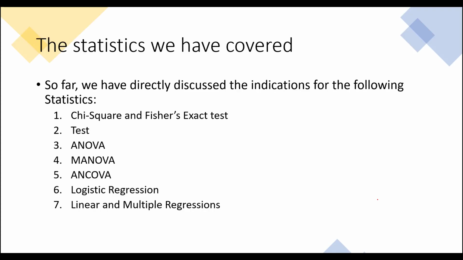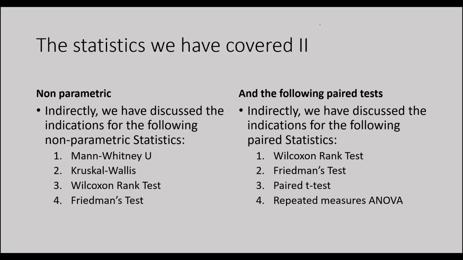These 7 common statistics have been covered, and they are chi-square and Fisher's exact test, t-test, ANOVA, MANOVA, ANCOVA, logistic regression, linear and multiple regressions. The statistics listed on this slide have not been directly discussed. They are in 2 groups, non-parametric and paired tests.